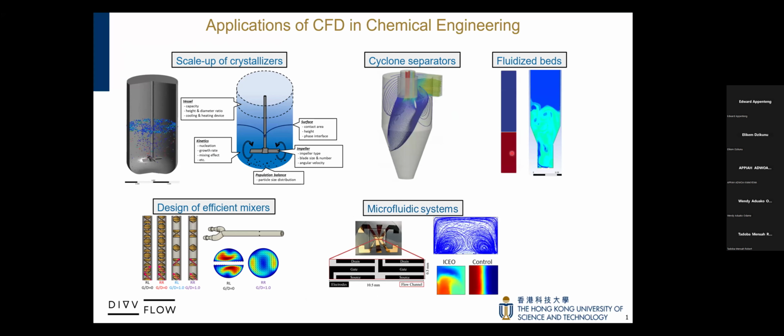For the Eulerian approach in this multi-phase flow problem, you treat both phases as continuum. But when you take an example like this cyclone, for instance, you are treating one of them as Lagrangian.